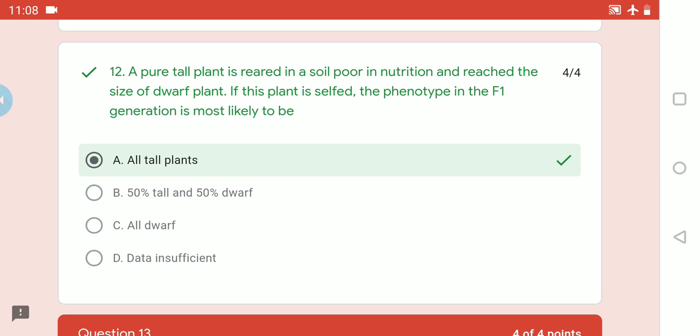So capital T by birth is homozygous dominant tall. Because of the poor nourishment it may become dwarf temporarily. But if it is self-crossed, capital T with capital T, you will get all tall plants only. Okay. So this is how we should be ready to work it out.